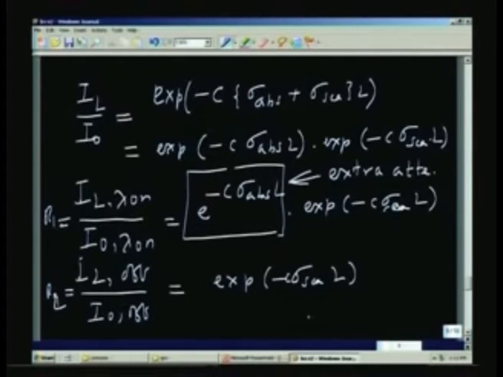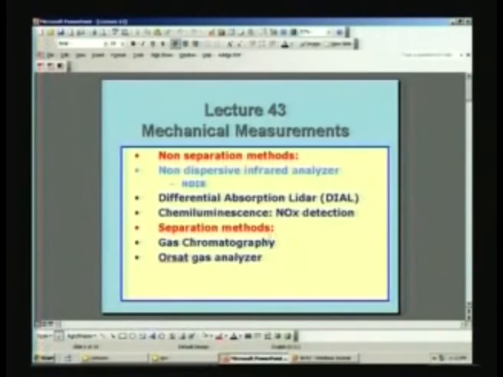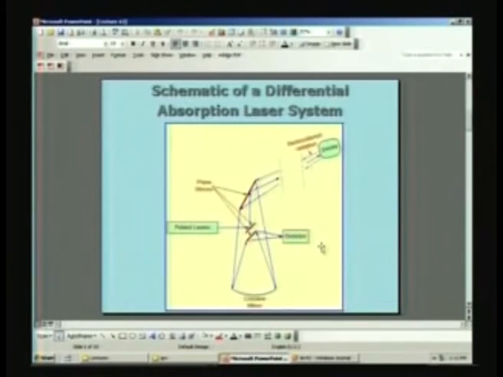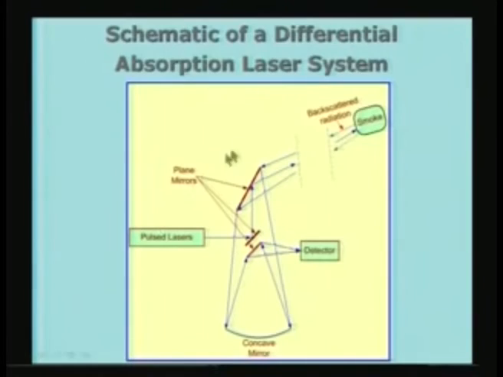So, on this basis let us look at the schematic which I showed in the last lecture, and see what the constituents of this measurement technique are.